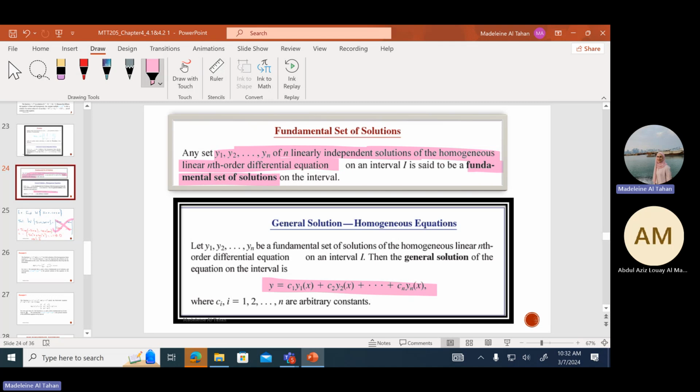If they are linearly independent and the same number as the order, what do we call them? Fundamental set of solution. And the general solution will be written in this form, y equals c1y1 plus c2y2 and so on. In order to understand this better, we will give a quick example on it.